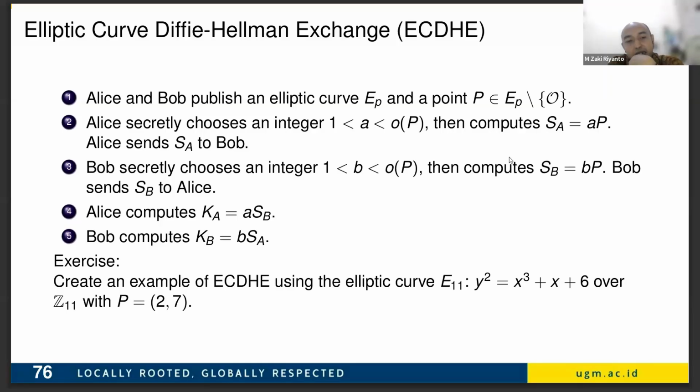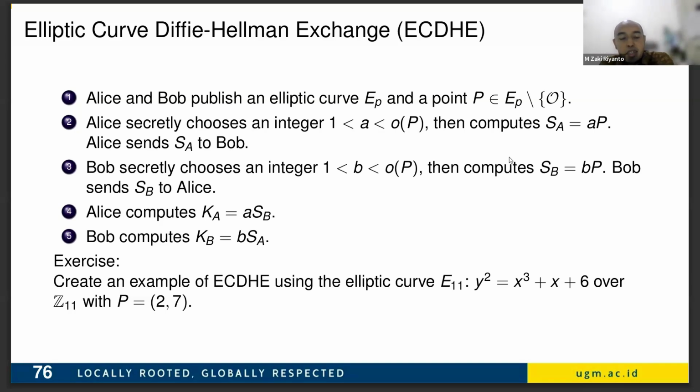On the other side, Bob secretly chooses an integer b, and then Bob computes bP, and sends the shared key bP to Alice. So here, Alice has the shared key from Bob, that is bP, and Bob also knows the shared key from Alice, that is aP.